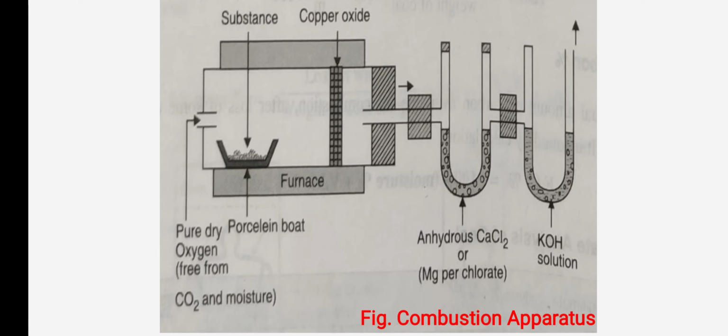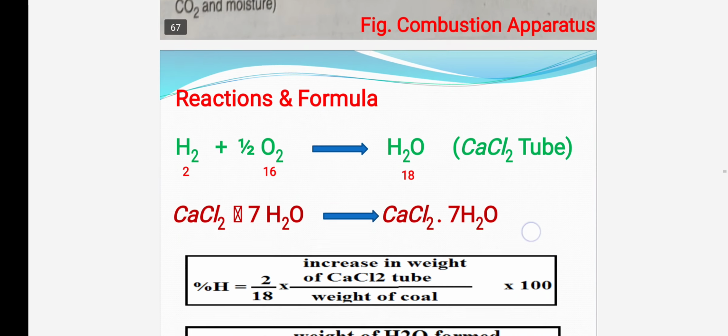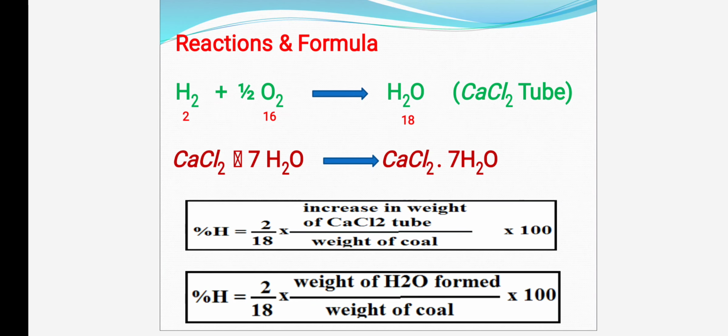So absorption takes place, and the experiment is over. Now we have to proceed toward the reactions and the required formula to find the percentage. First, hydrogen. Hydrogen H2 reacts with O2 during burning and produces H2O.